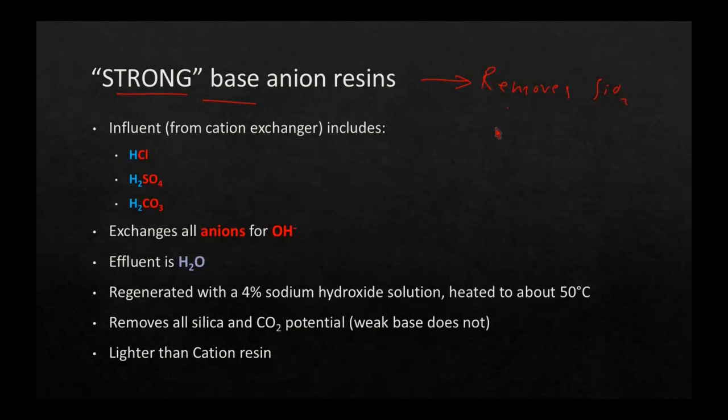And that's very important for a generating station, because I don't want any silica getting on turbine blades. And it's also very important where we have SAGD, like OTSGs. In an OTSG, we don't want that really hard silica scale. Silica scale is really a bitch in boilers. Okay, so a strong base anion resin is very good for removing silica.